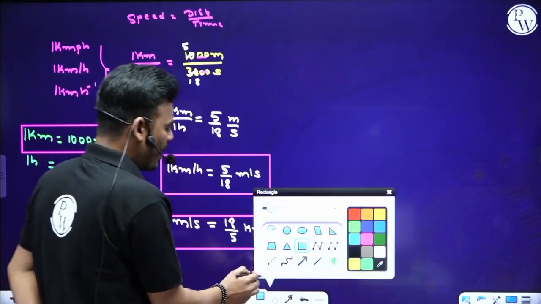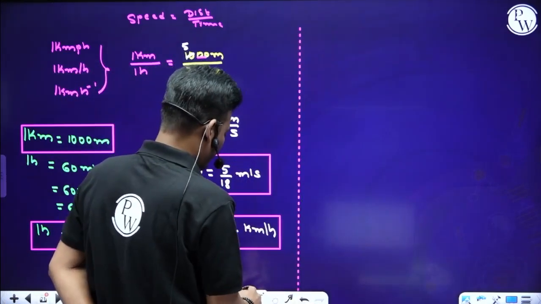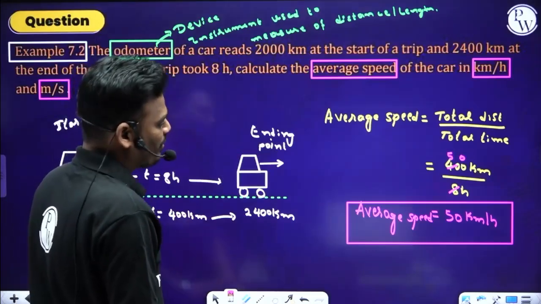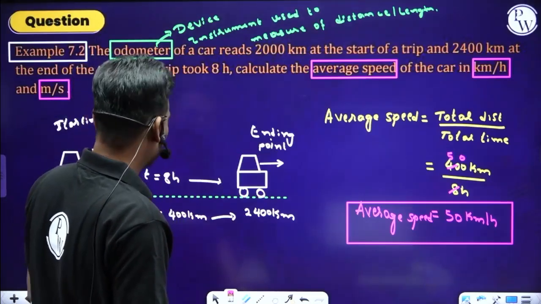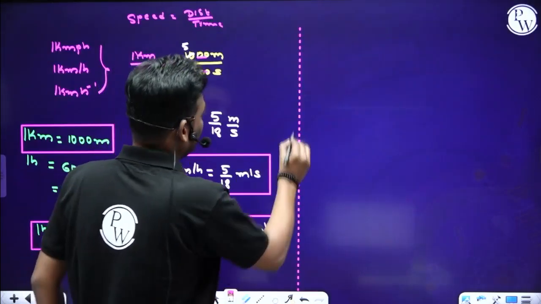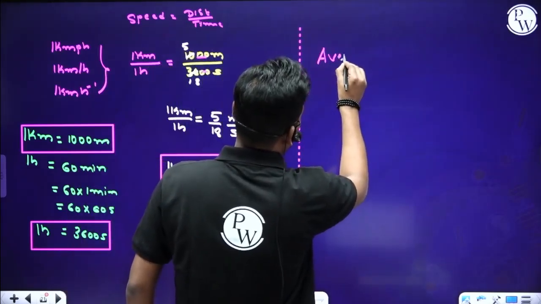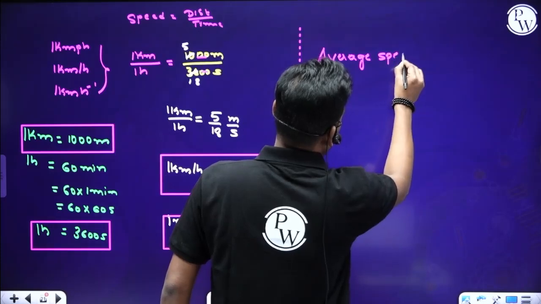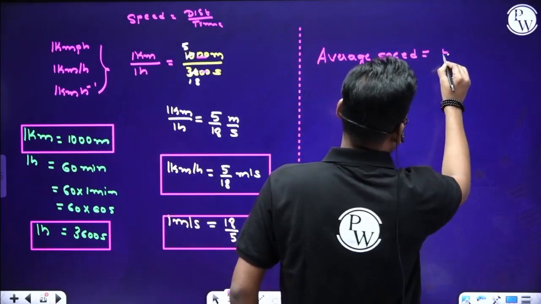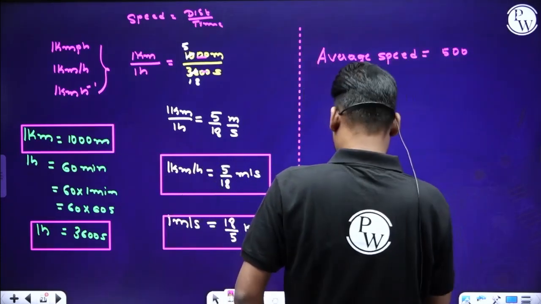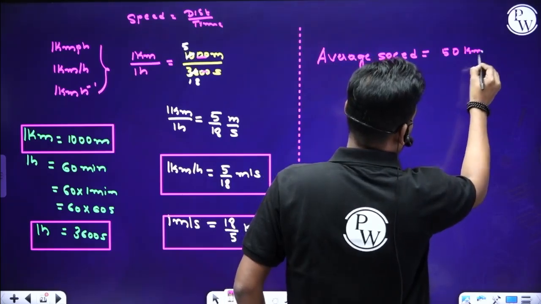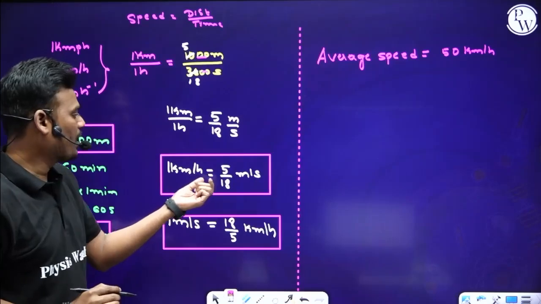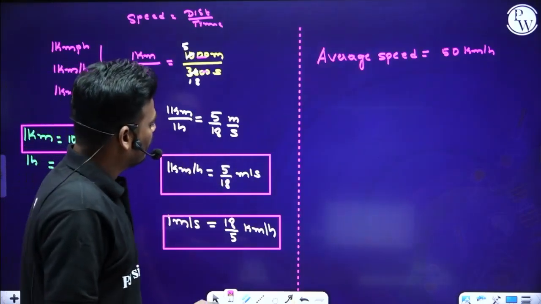And according to the given question, we already know the value: average speed is 50 kilometer per hour, right? And we know that 1 kilometer per hour is equal to 5 divided by 18 meter per second.